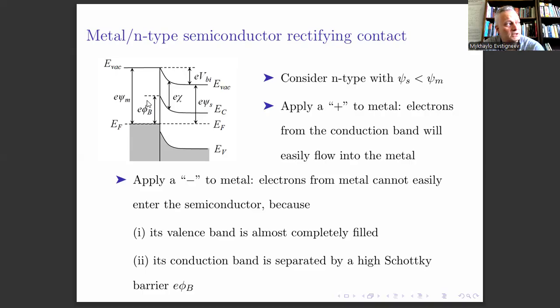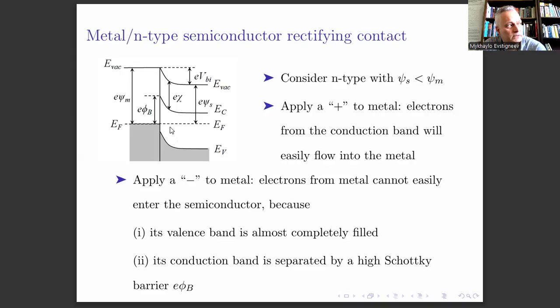The height of the Schottky barrier is practically independent of the applied voltage, and this Schottky barrier is pretty high. It is pretty big. So the current from the metal into the semiconductor will be quite low. Okay, and that's the rectifying effect.